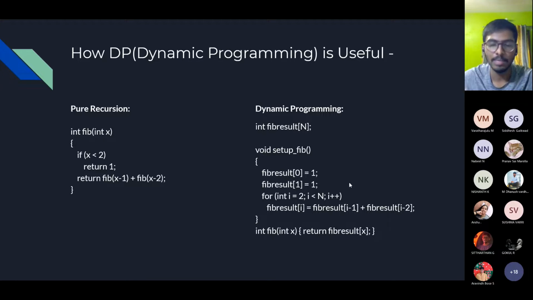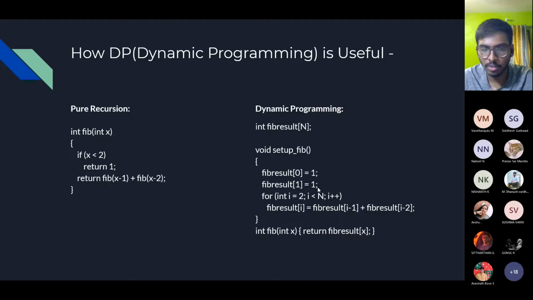Let me explain how it works internally. Externally, it looks much bigger than the recursion, but internally, when it comes to memory use, it would be less. Let's see how. By default, we have given fib result 0 is equal to 1 and fib result 1 is equal to 1.